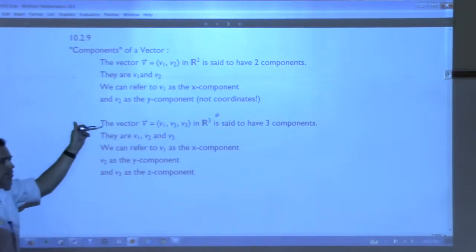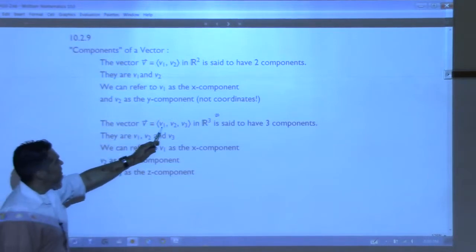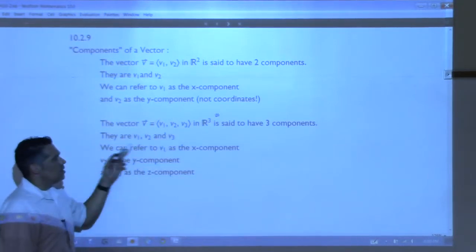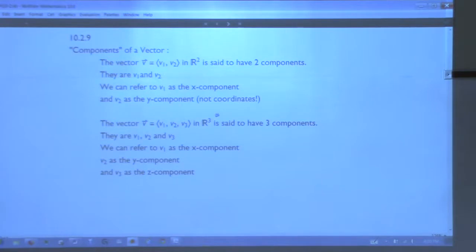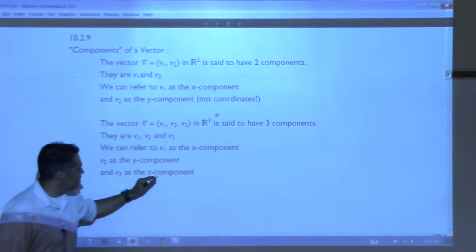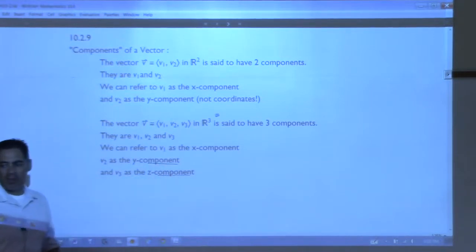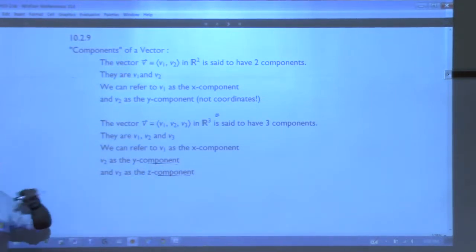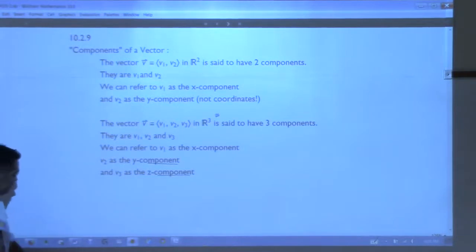If you're in three-dimensional space, then you'll have 3 pieces, and those are the x, y, and z components, respectively. So we have special language here, component, when we're talking about vectors as opposed to ordered triples and coordinates.